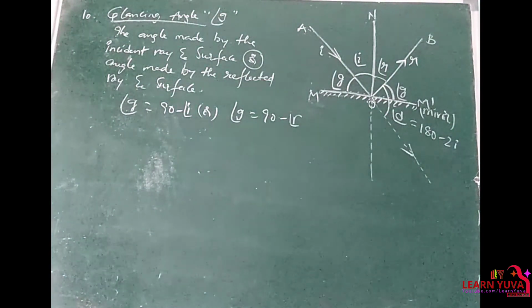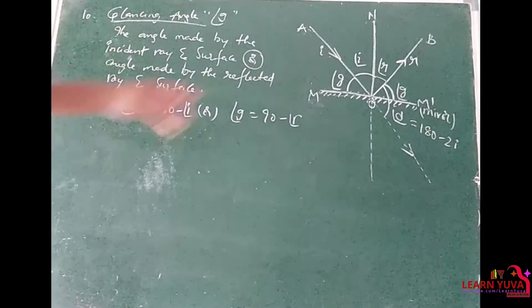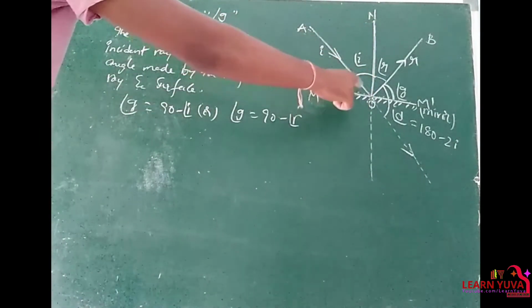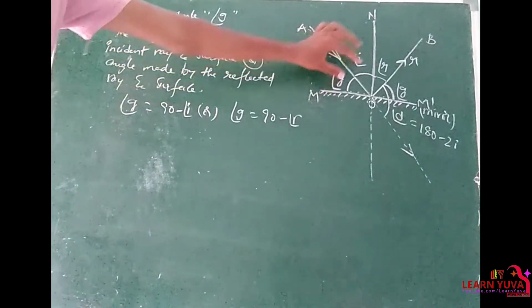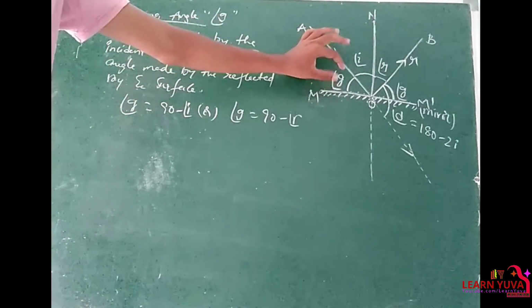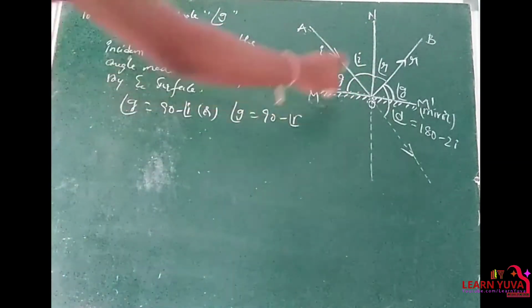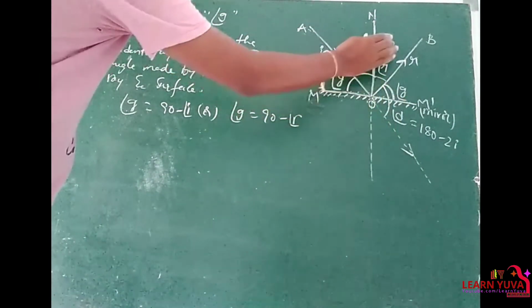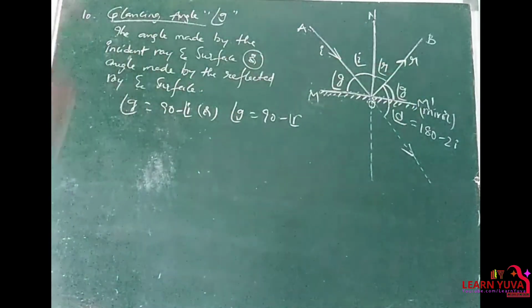So the angle of glance is equal to 90 minus I, as I said, the normal line and mirror make 90 degrees, or 90 minus R. If you subtract this, we can get this angle.